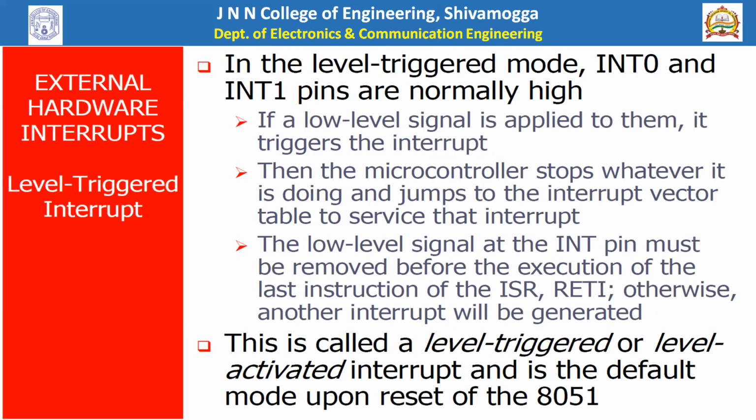Before executing return from interrupt, the level signal on the particular INT line should be removed. Otherwise, one more interrupt will be triggered. So this is called level triggered or level activated interrupt and is the default mode upon reset of 8051. That is, when 8051 is reset, it will by default be set to level triggered interrupt.